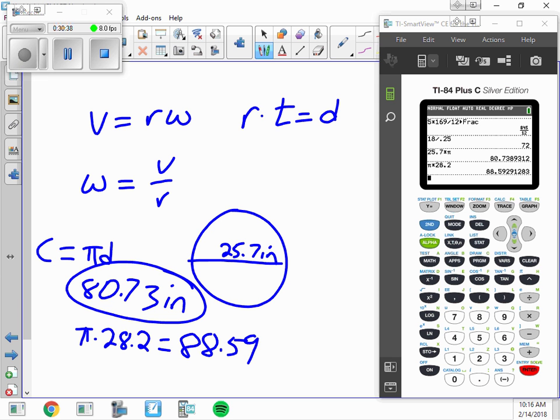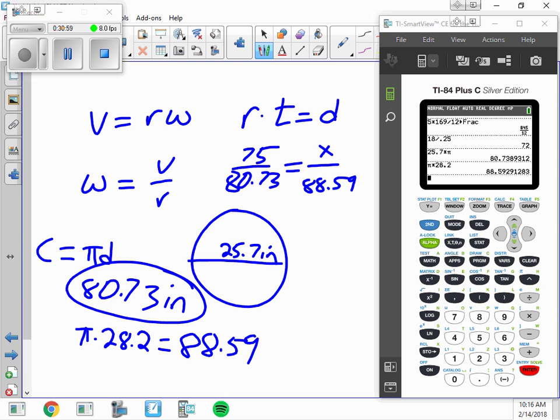You could do that, yeah. So 75 over 80.73 is equal to x over 88.59, and then you don't even have to convert it.